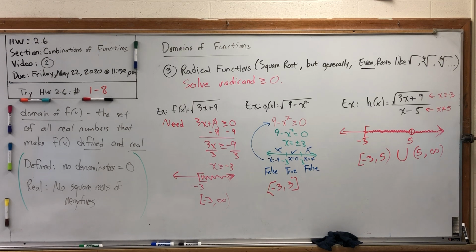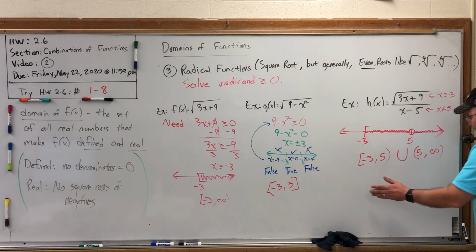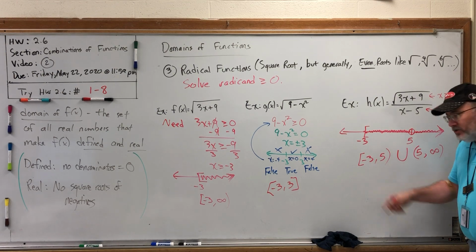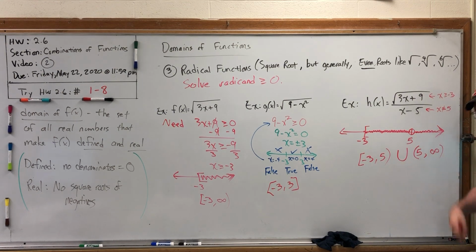So the domain for this one is a little jankier, if you will. Have fun with that, auto captions on YouTube. But it does reflect both of the necessary criteria for this function's domain. Don't let it get less than -3, we won't. Don't let it equal 5, we won't.